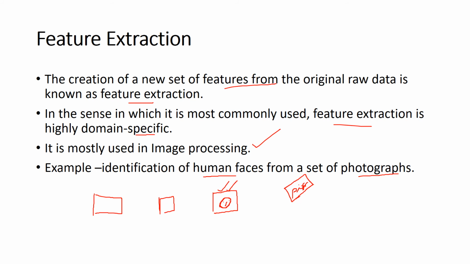So where the edges are going to be and all these features, we are going to extract from the pixels. And this way of extraction is going to be very helpful in identifying human faces from a set of photographs. So this is how feature extraction is going to be useful for better data mining.